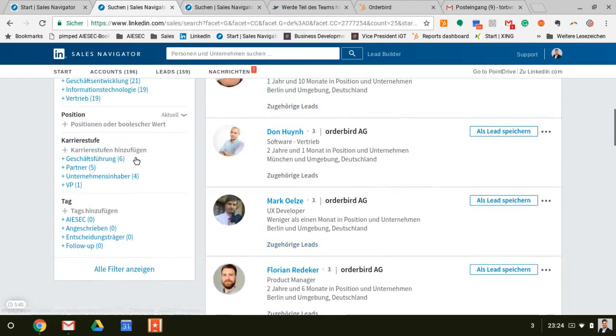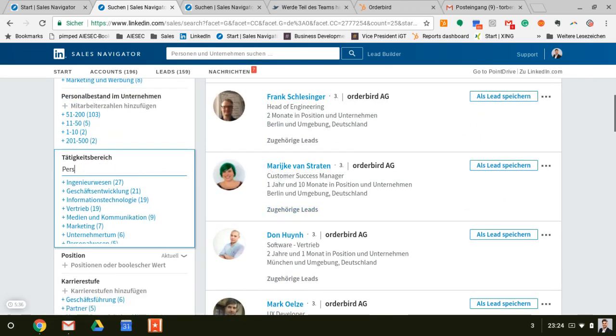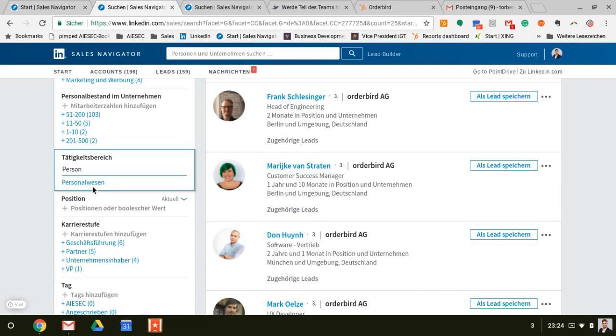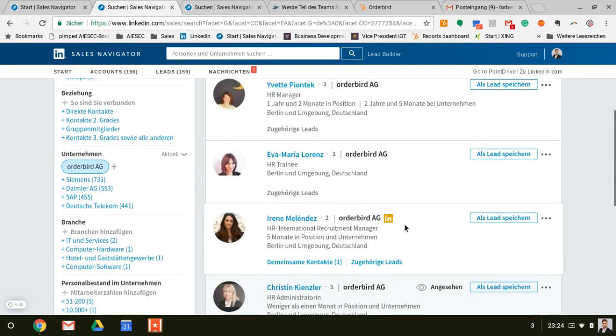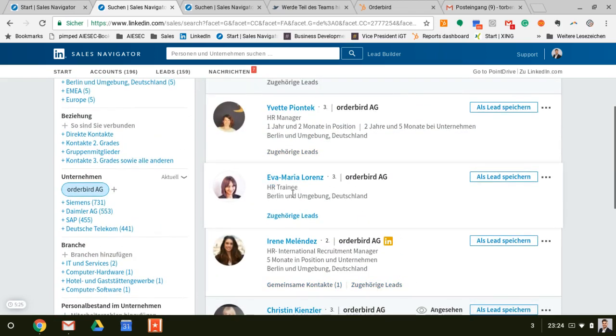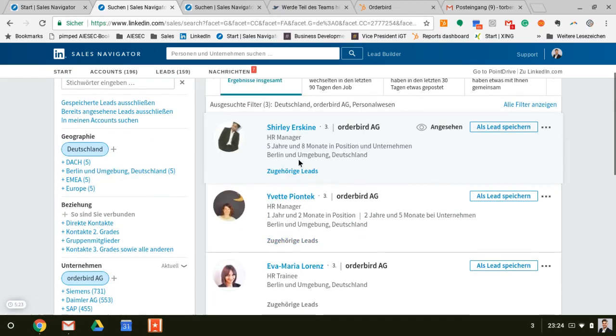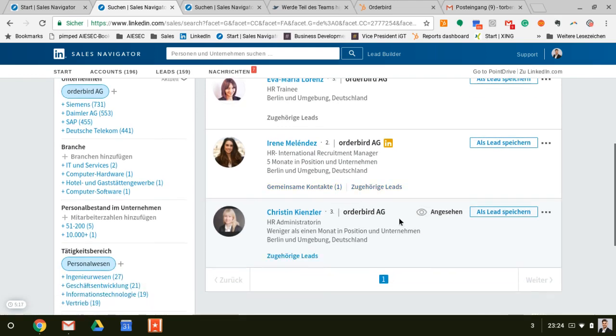But we want to approach the right person. And we find the right person if we search for someone from human resources, and then we have 5 people. I believe the trainee is not the best person. It could be this one, the international recruitment manager, or Christine Kienzler.